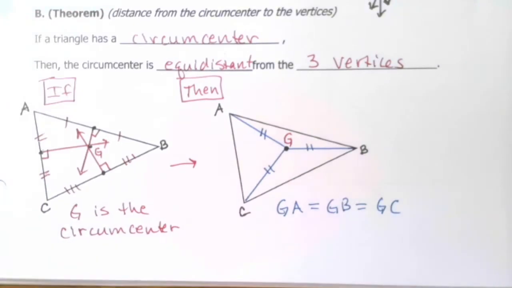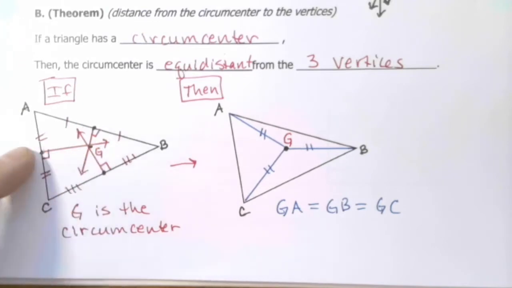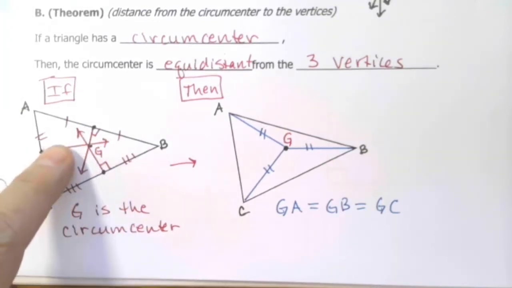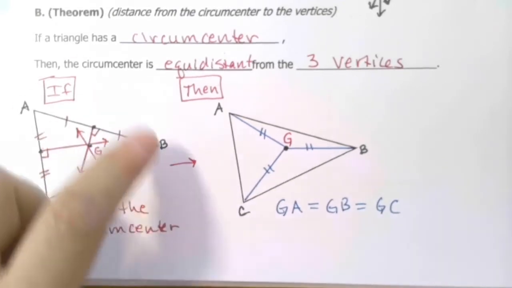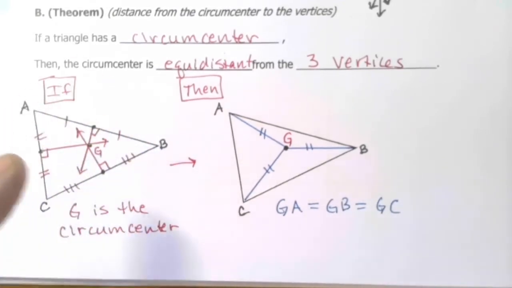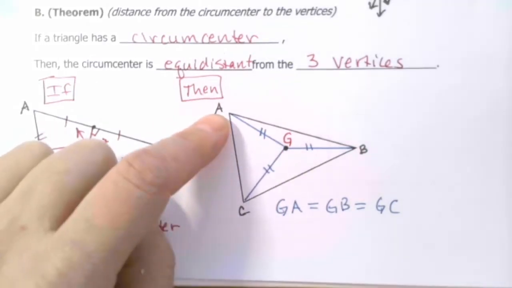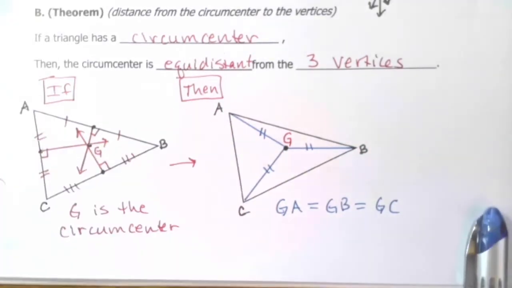I think the trickiest part about this theorem is just remembering that the perpendicular bisectors create the circumcenter, but the length of the perpendicular bisector pieces are not the same. You can see you've got kind of a short, a medium, and a long piece. So the perpendicular bisectors make the circumcenter, but the distance from the circumcenter to the vertices are all the same. So it's a very interesting theorem to deal with.